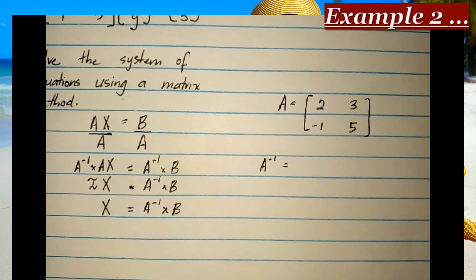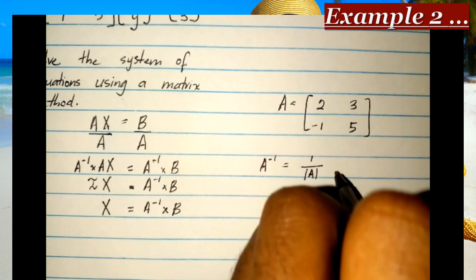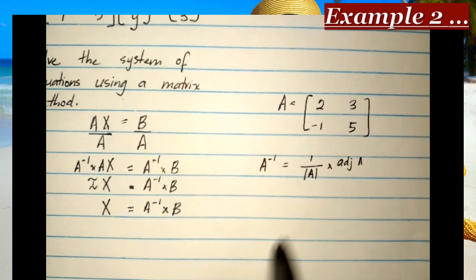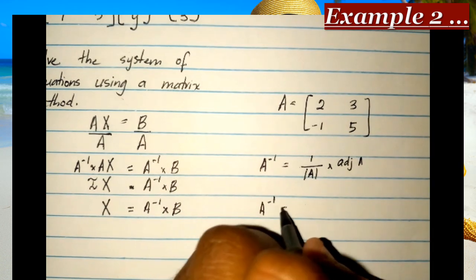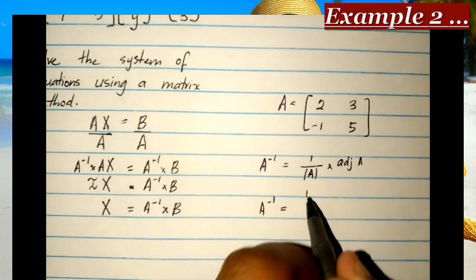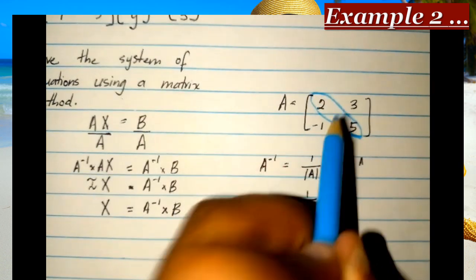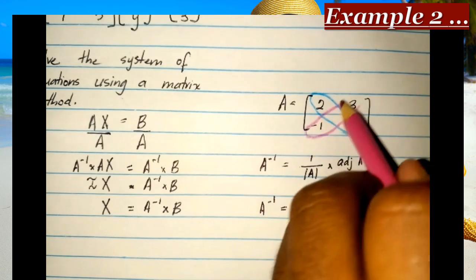To find its inverse, we use the formula 1 over the determinant of A, multiplied by the adjoint of A. Writing the formulas guides me so I know what I'm supposed to do. So 1 over the determinant, and the determinant is the product of the leading diagonal, subtract the product of the off diagonals.